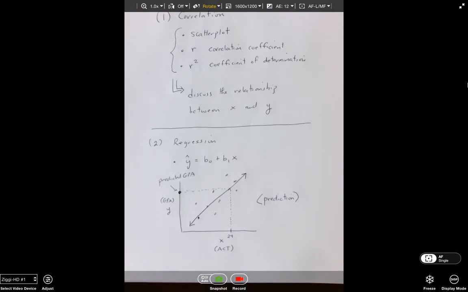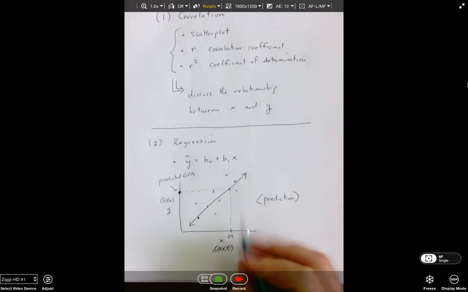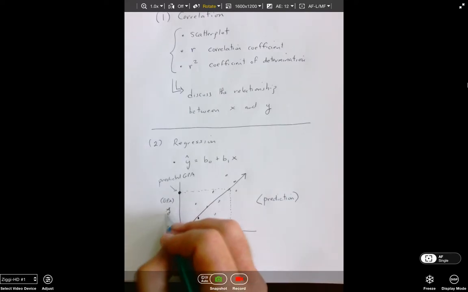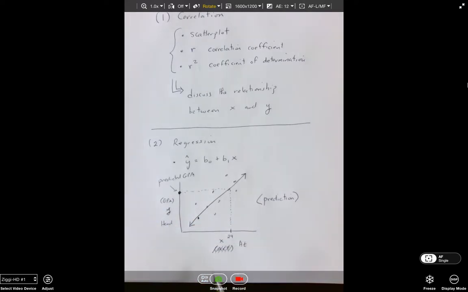Now, we got into something like this when we adopted our daughters from China. They had a model that was already created, and the X value wasn't ACT. She was only 14 months, so she hadn't taken an ACT yet. But the X value was her height, and the Y value was her head circumference. So what they could do is put the child's height into this model and predict, based on their height, what the head circumference could be.